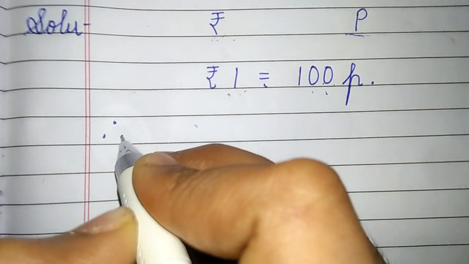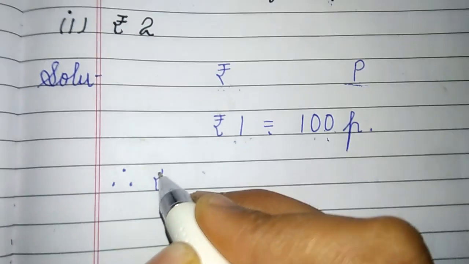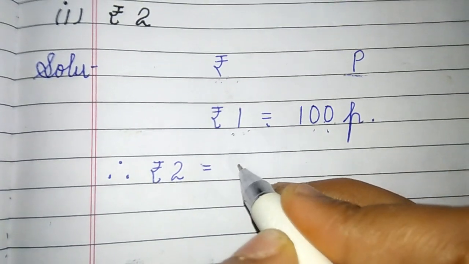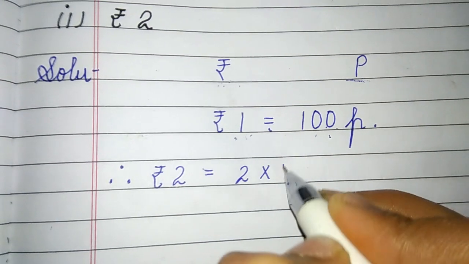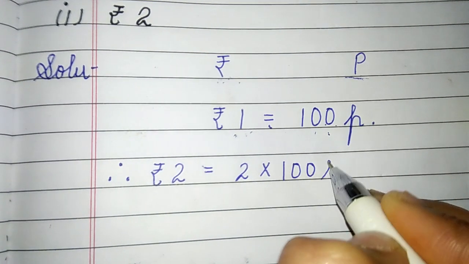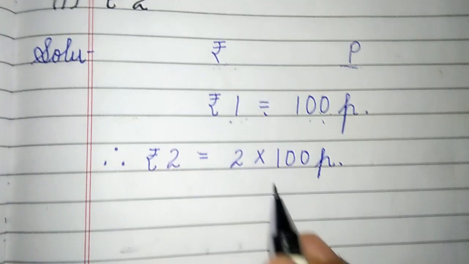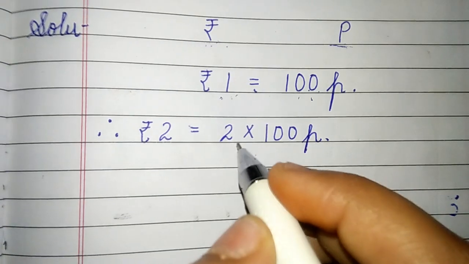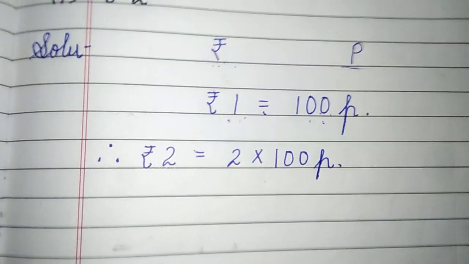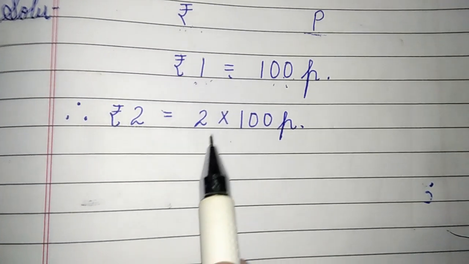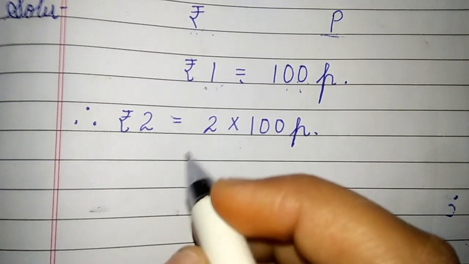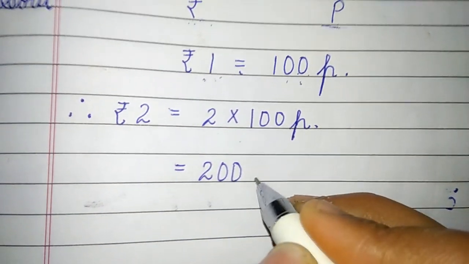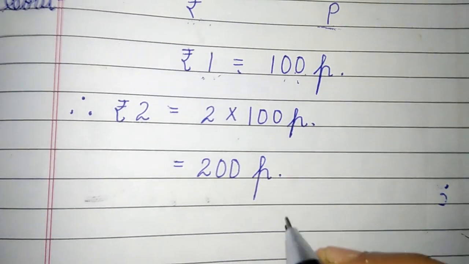Therefore, 2 rupees is equal to 2 multiplied by 100, is equal to 100 twos are 200. 200 paise.